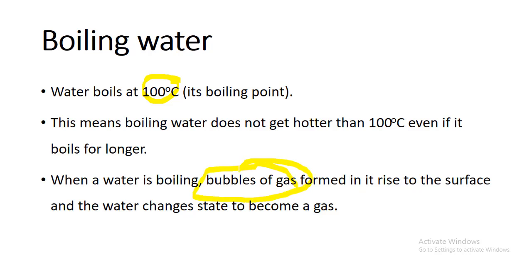When you see bubbles of gas rising to the surface, just know that the water is boiling. So as it is boiling, there is also a process of evaporation taking place. As the water is boiling, it also turns to a gas.